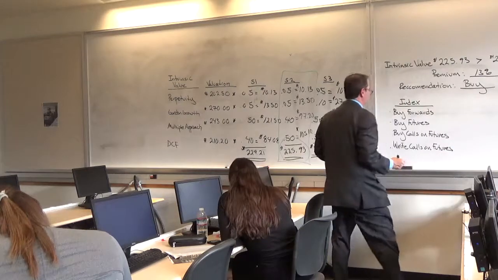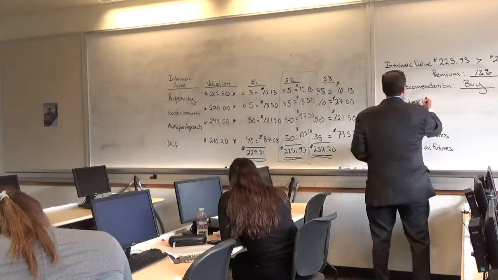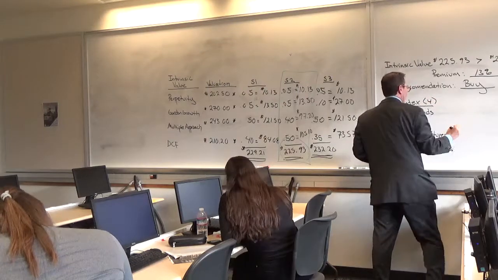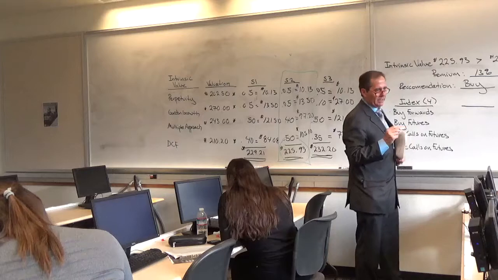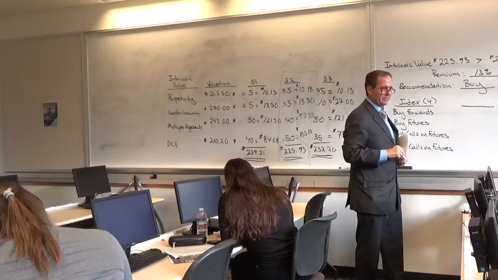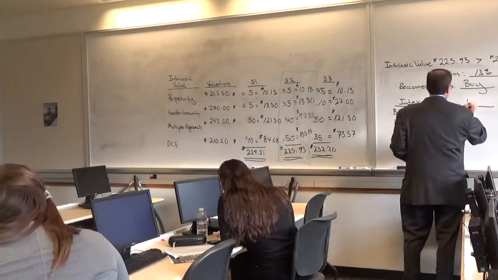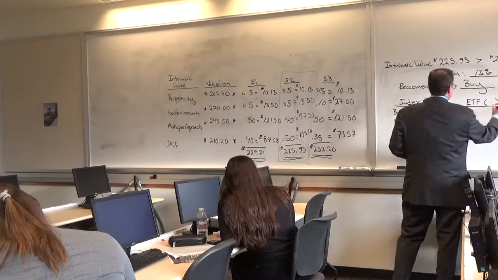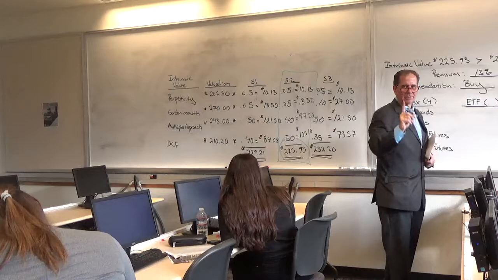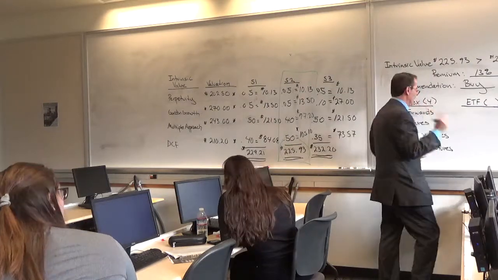Got it. And how many trades? 4. Could we go out and find REIT stock exchange traded funds to trade off of? Yeah. And what would be our first trade? This one's going to be a little bit different. Buy. Buy, got it. Nice.